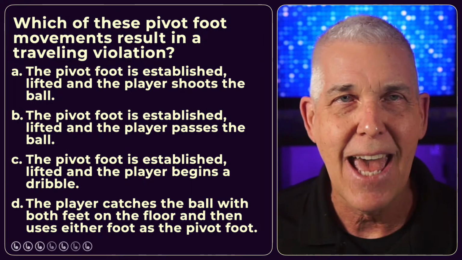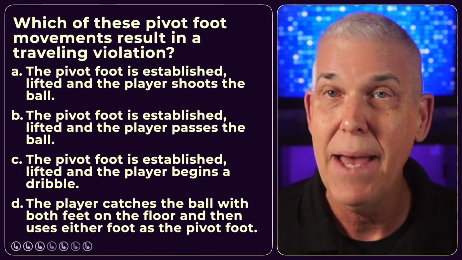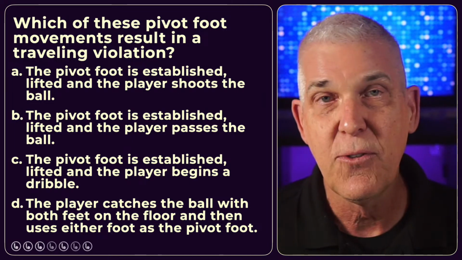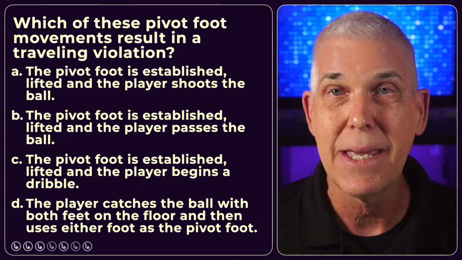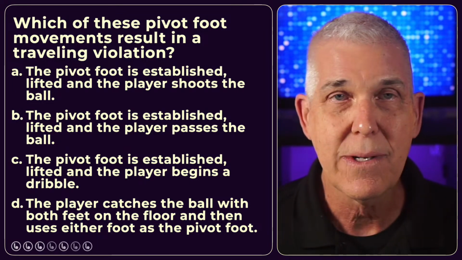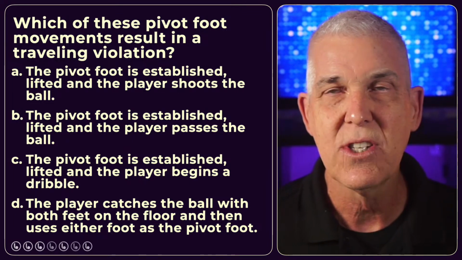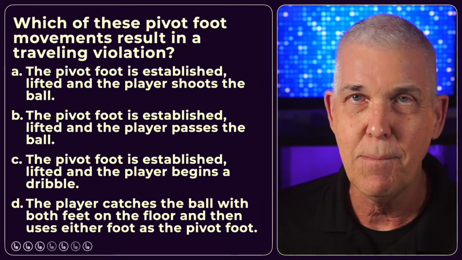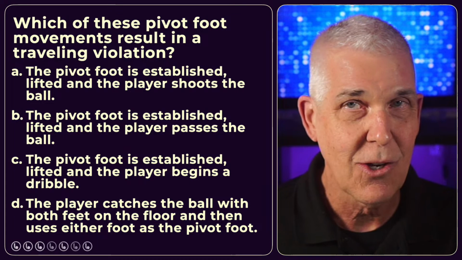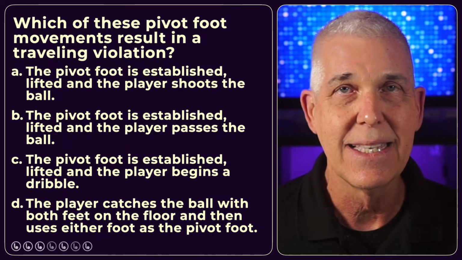The pivot foot is established, lifted, and the player passes the ball. The pivot foot is established, lifted, and the player begins a dribble. Or D, the player catches the ball with both feet on the floor and then uses either foot as the pivot foot. Three of these things are legal. One of them is not.